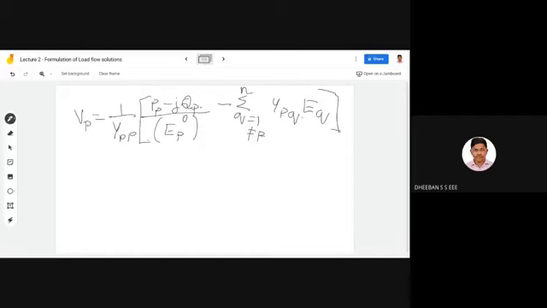So this is an iterative equation which you can make for iterative analysis.